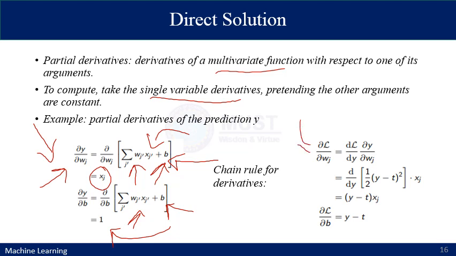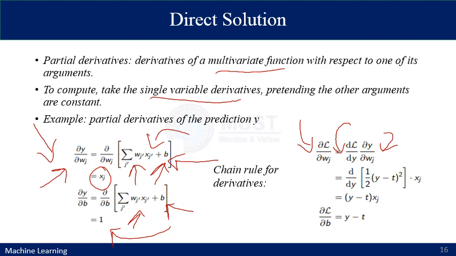So we have the chain rule of derivatives. For example, we would like to have the partial derivative of the loss with respect to the weights. If we cannot directly access the loss function with respect to the weight, we take the loss function's partial derivative with respect to the predictions, and then the prediction's partial derivative with respect to the weights.